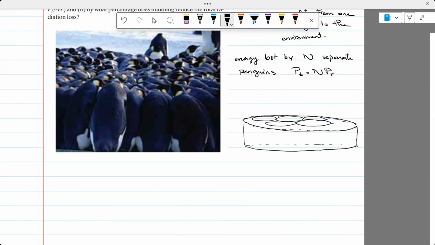So essentially, I have n cylinders combined into one big cylinder, right? So this is for huddled penguins.